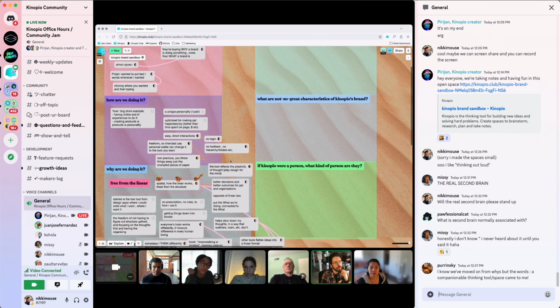And that speaks to this shareability, because a Kinopio board from the outside is a URL that I'm going to send to somebody, and I need to make sure that they have access to add stuff if I want them to, or not. But that's on the board itself.